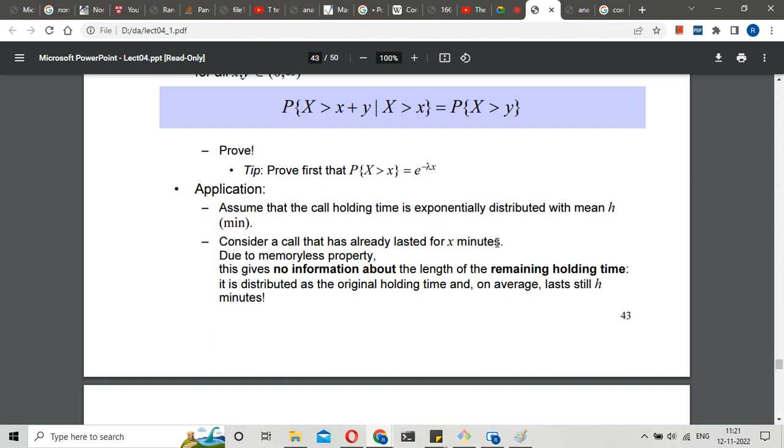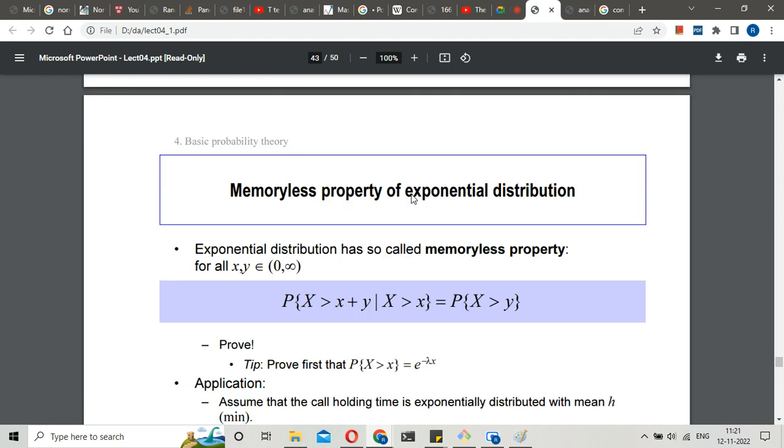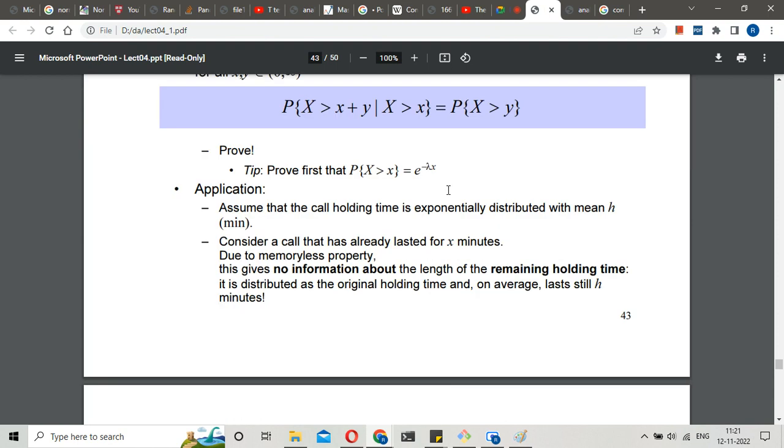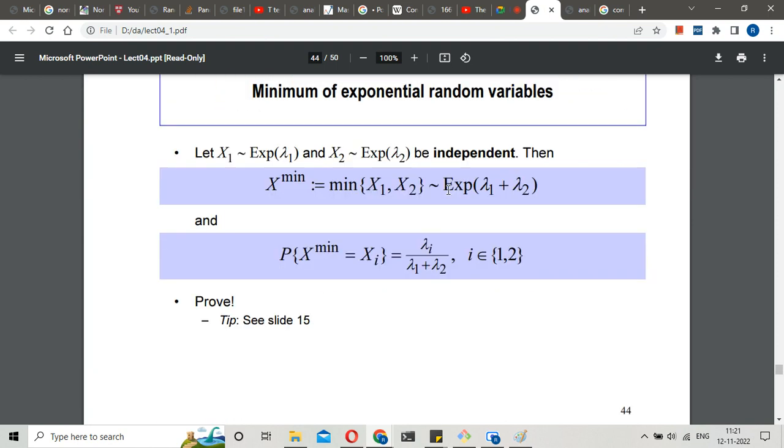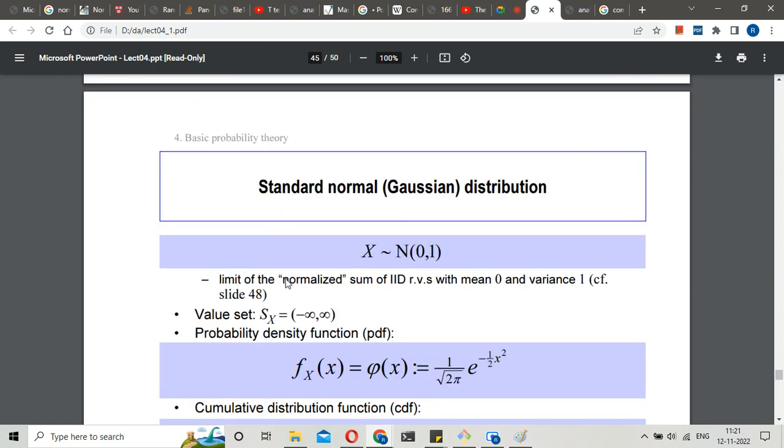That is how we call this memoryless. It's a time distribution. Most of these will have some time component. When you have something with time, you should think about the exponential distribution. Similarly, you can calculate the min and max, and they have some properties.